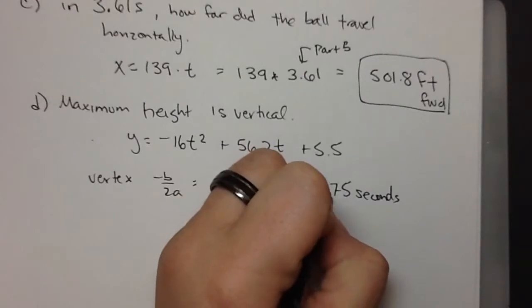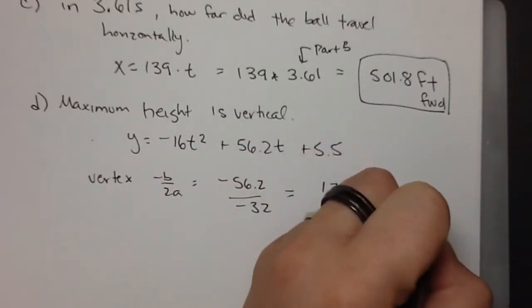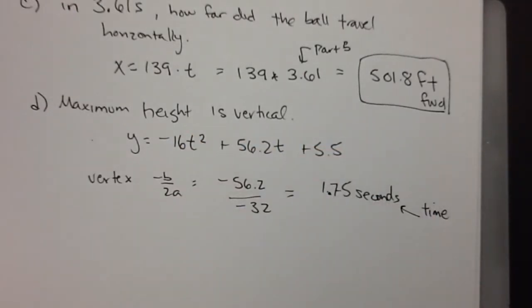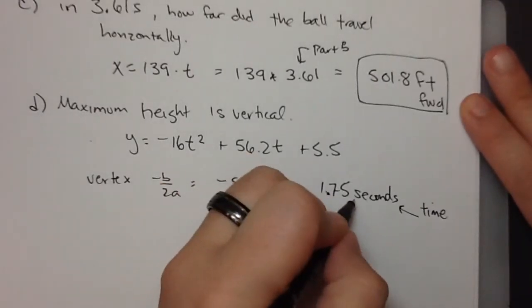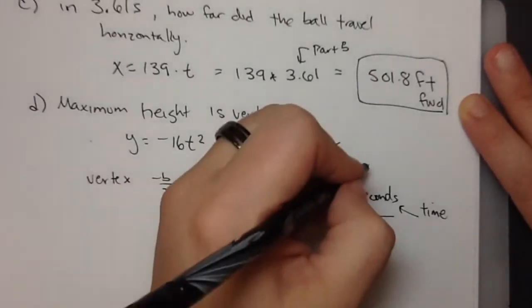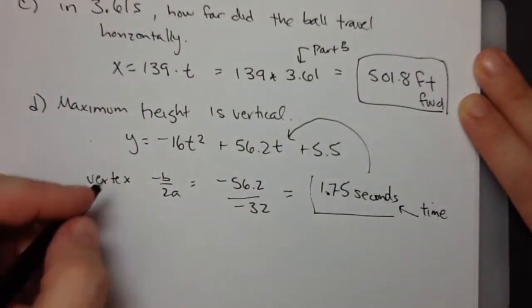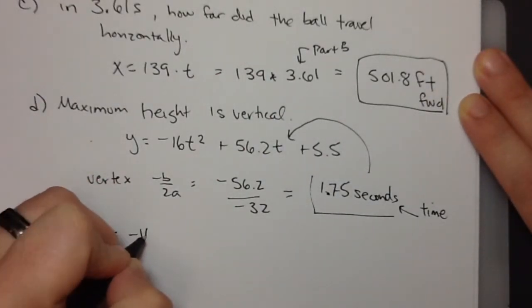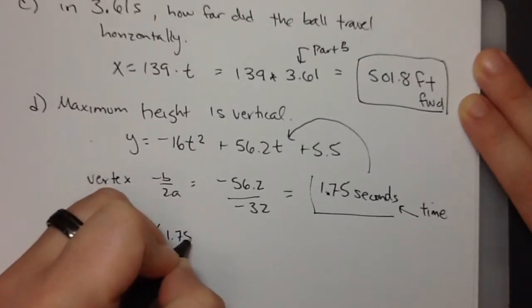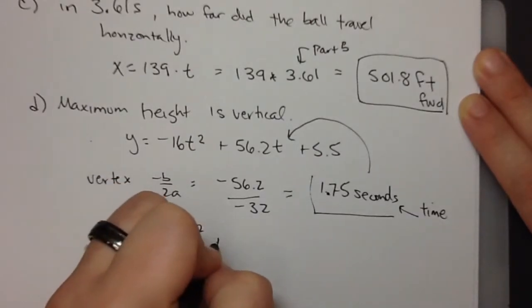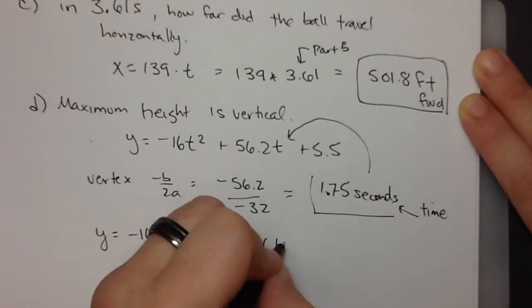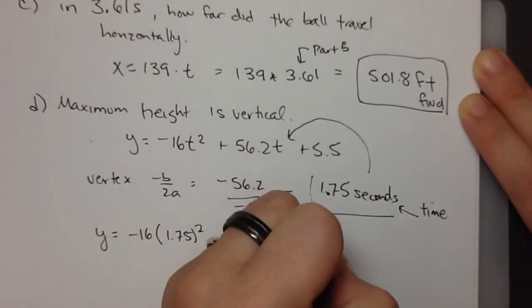This is the time it takes, but they asked us for the height. So we have to take this time and substitute it back into this equation. So we've got y equals negative 16 times 1.75 squared plus 56.2 times 1.75 plus 5.5.